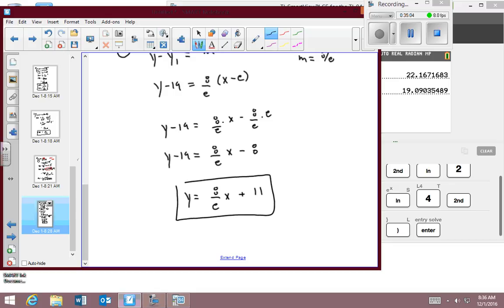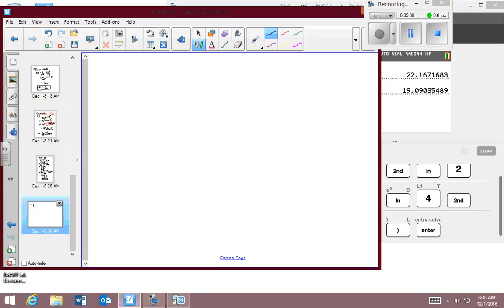So there's your slope-intercept form of the line that's tangent to that curve at x equals e. Any questions on that? Okay.